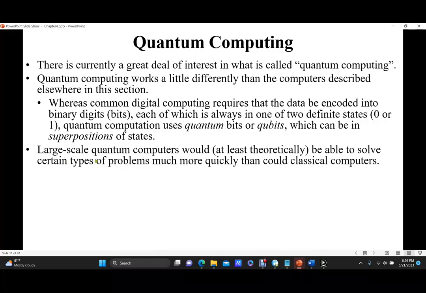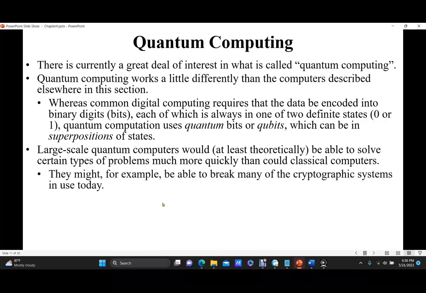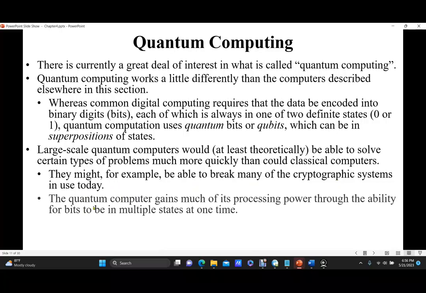Large-scale quantum computing would, at least theoretically, be able to solve certain kinds of problems much more quickly than classical, traditional computers. They might then be able to break many of the cryptographic systems in use today.